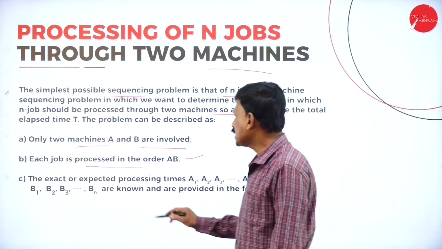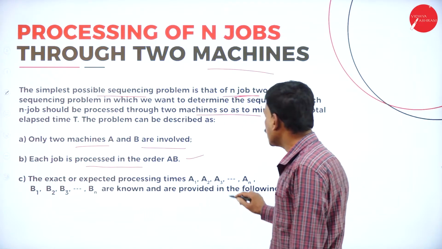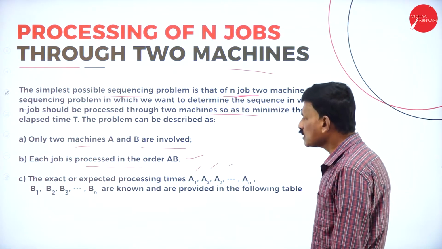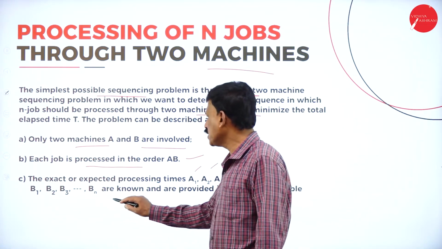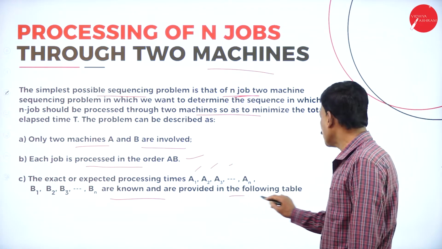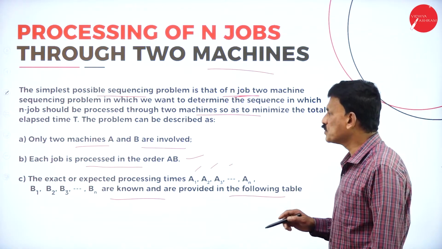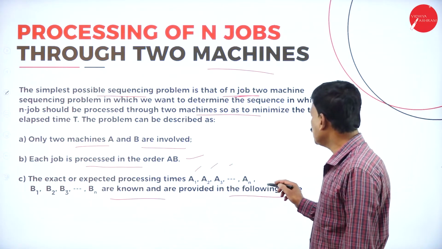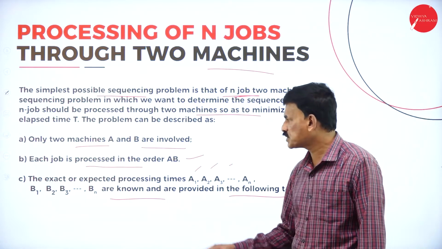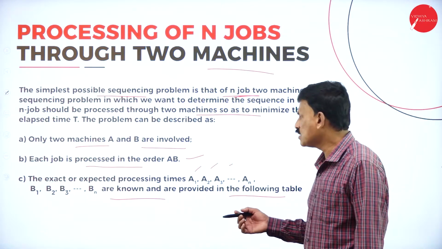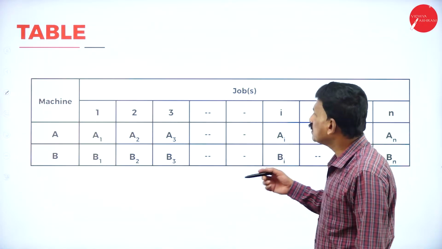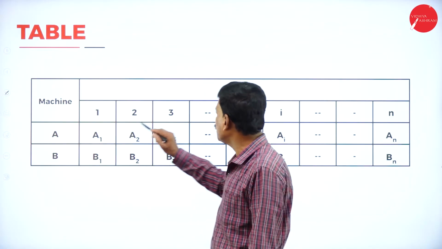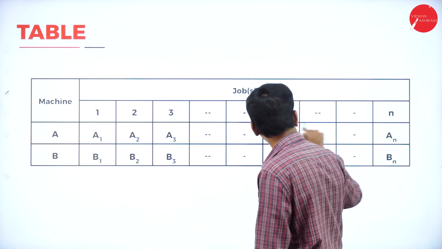The exact or expected processing times, suppose A1, A2, A3, ..., An are the processing times and B1, B2, B3, ..., Bn are known, are provided in the following table. So here there are two machines, machine A and machine B, and the number of jobs are 1, 2, 3, 4, ..., n.